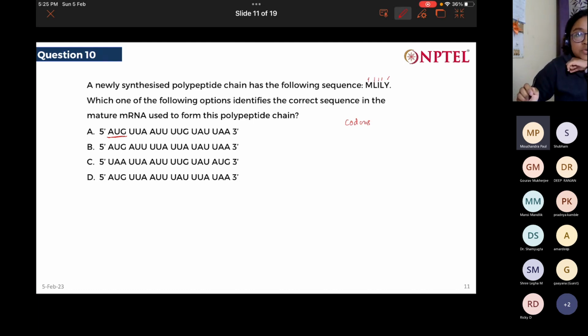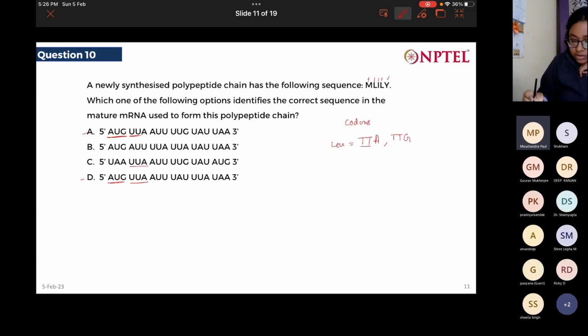It is coded by two codons actually, TTA and TTG. For mRNA, you have to consider U in place of T. So in this option you have UUA, and here also you have UUA. In this option the first codon is AUG, and here also the first is AUG. So I feel like one of A, B and D might be correct.